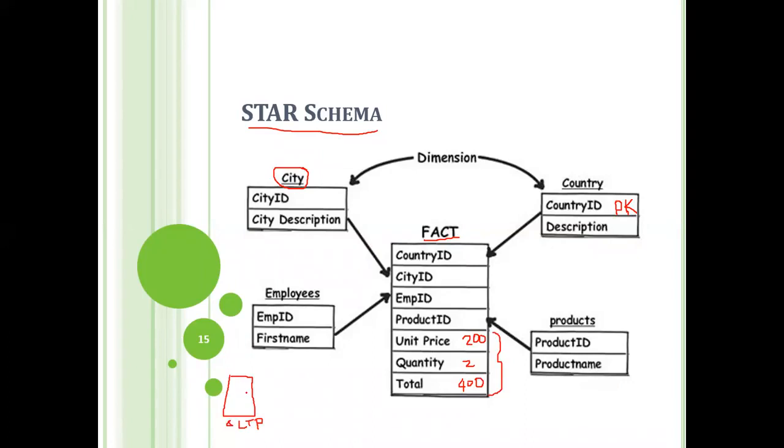From OLTP, while loading it into OLAP, I will be maintaining it in a separate dimensional model. Okay. Like this, I will be maintaining it. In addition to this, I will be maintaining some aggregate values also. Okay. In addition to this, I will be maintaining some other values also. So that data model from OLTP to OLAP we will load.